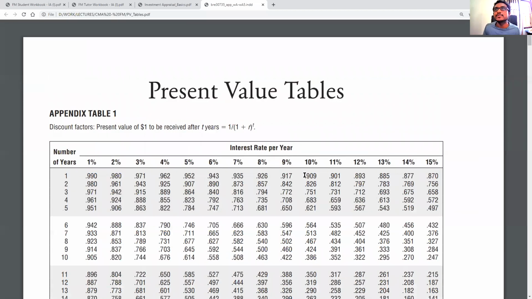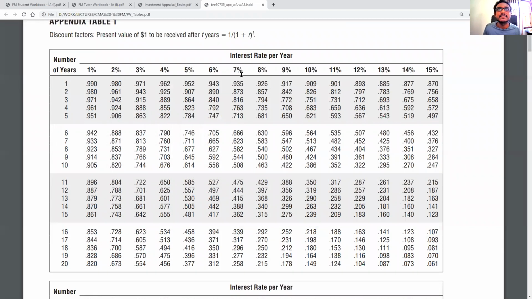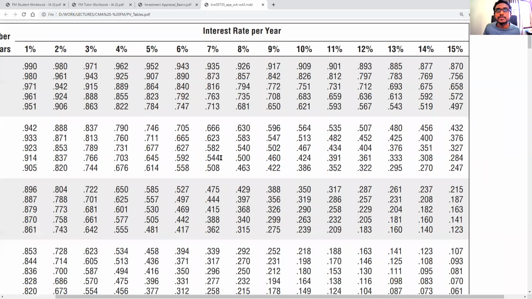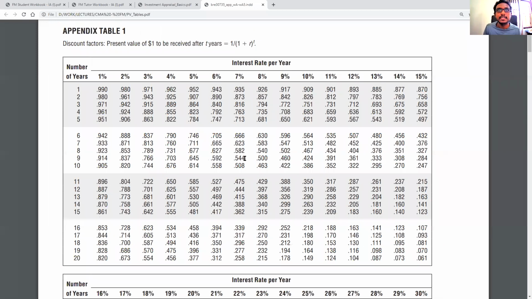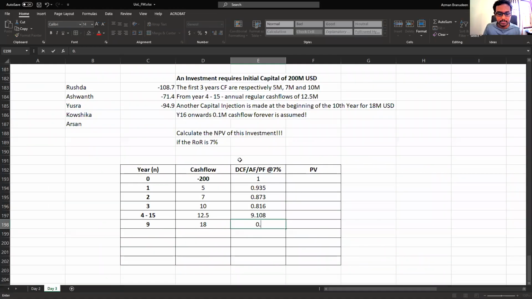Then I go back to my 7% DCF because it's an individual cash flow. 7% year 9 is 0.544, as you can see.